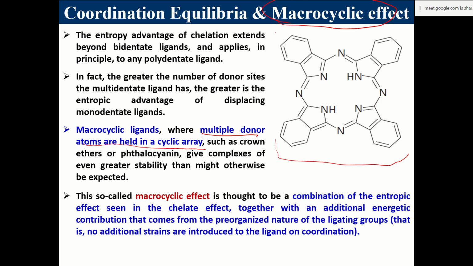But here the ring is preformed. Prior to the formation of the complex, the ring is there. Only the metal ion has to come in and fit into the space.